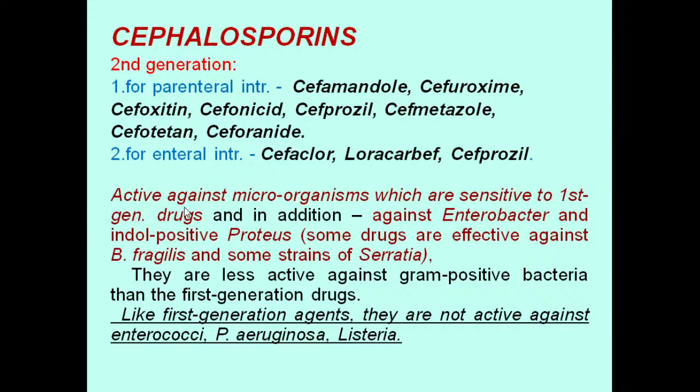The spectrum of action includes all bacteria characteristic for first generation, but additionally Enterobacter and indole-positive Proteus. Some drugs are effective against Bacteroides fragilis and some strains of Serratia.